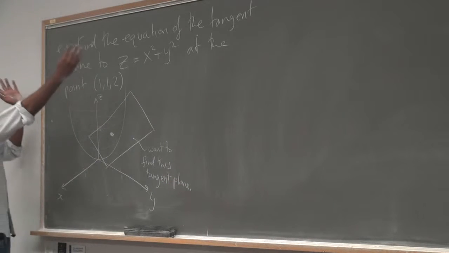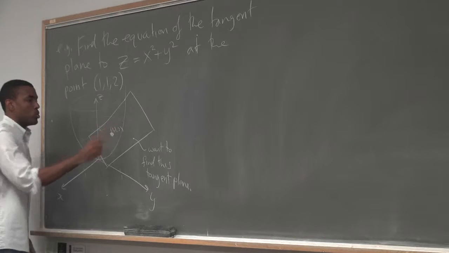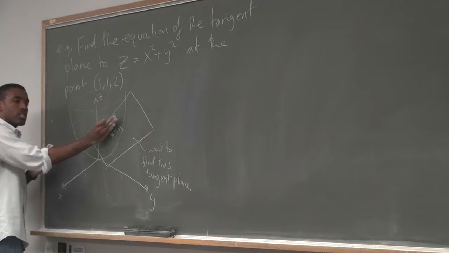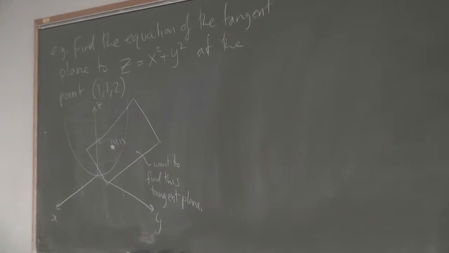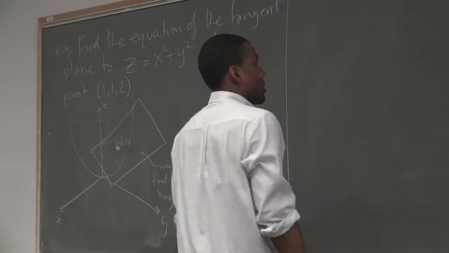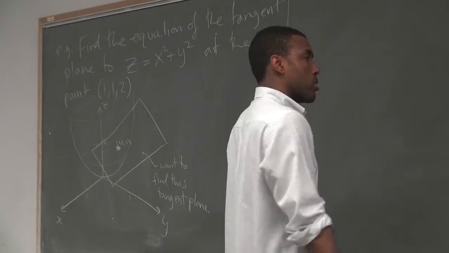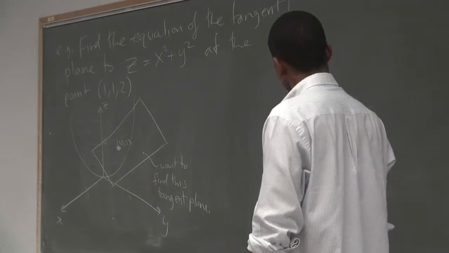Alright, so I'm given a surface, in this case it's a paraboloid. At this point, (1, 1, 2), find the plane that touches only at that point. And that's the formula. So it means we're going to need to find the first partial derivatives, right?